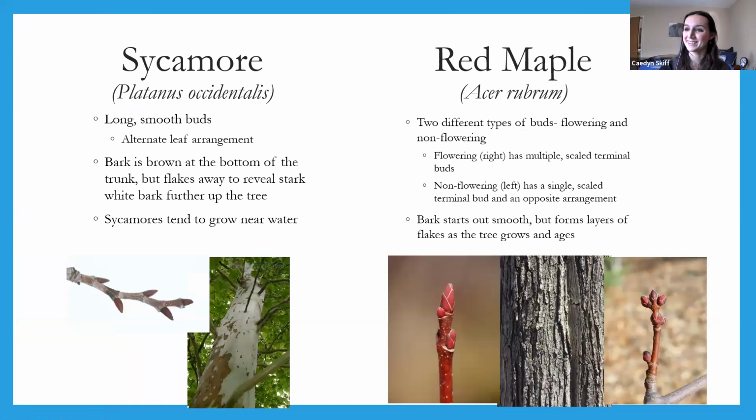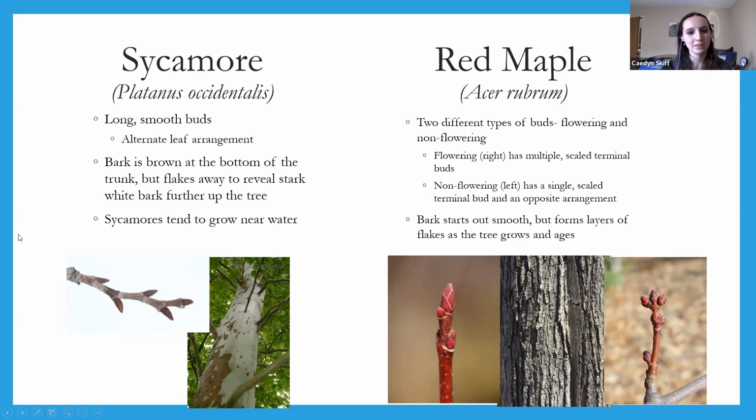The other one that is really nice to identify by bark is sycamore. It's got that beautiful bark that starts out brown at the bottom, and then it flakes as it gets further up, and it has that gorgeous white bark towards the top of the tree. It has very long, smooth buds, and they're kind of pointed.